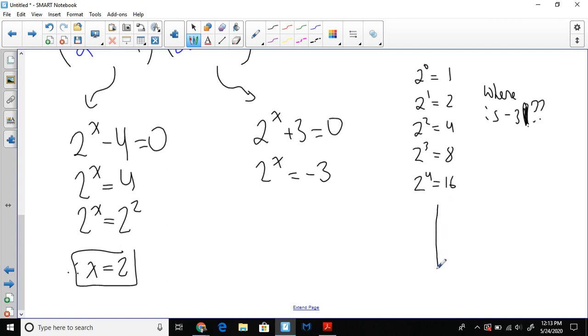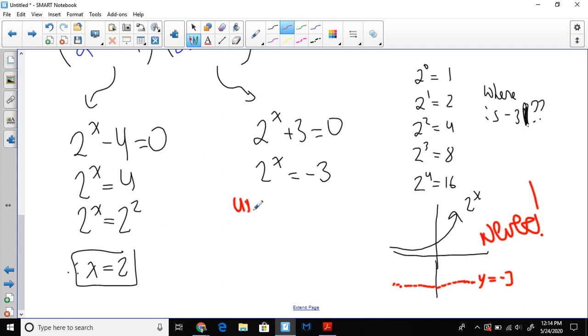And again, if you think about the basic graph, I'll just draw an ugly 2 to the x. This is a graph of 2 to the x. And then where is minus 3? Well, minus 3 is down here. This is the line y equals minus 3. Will this graph ever hit this line? Never.